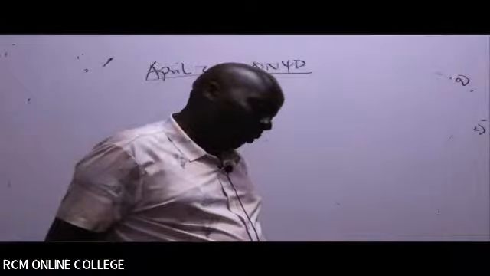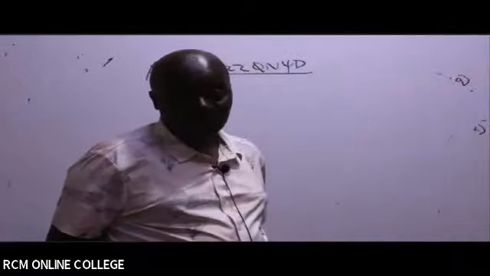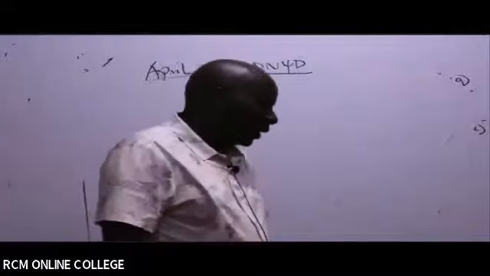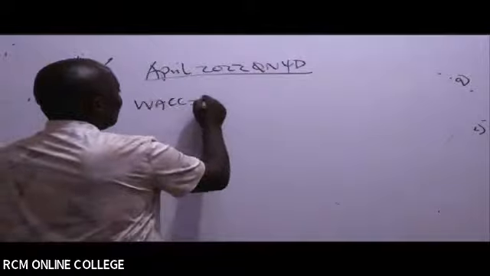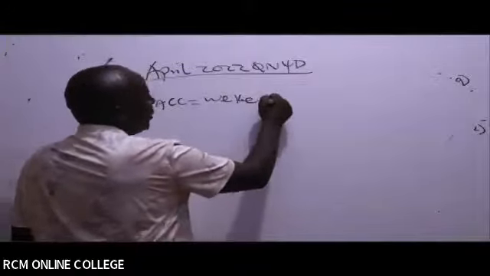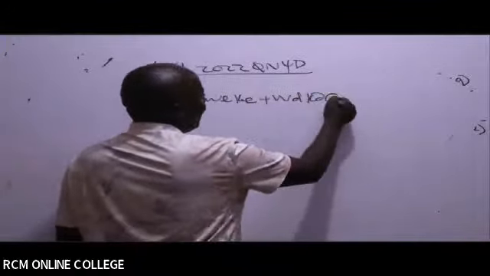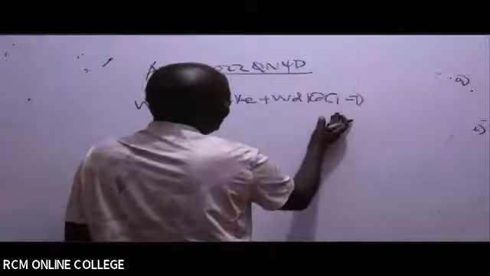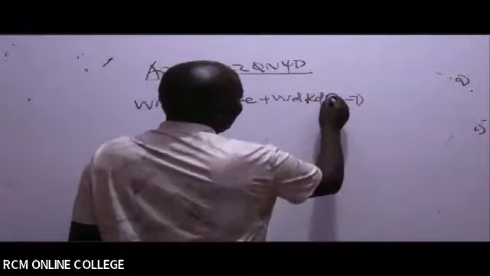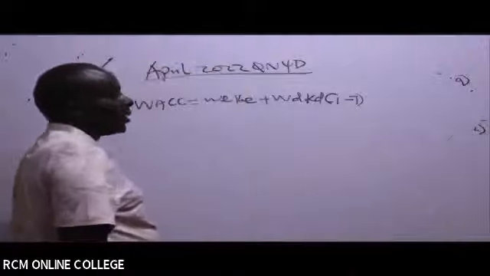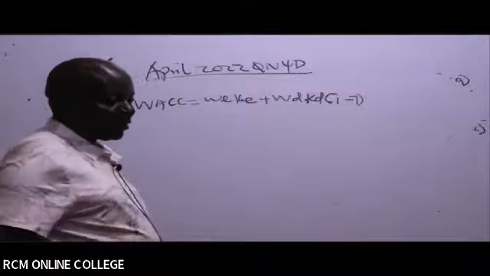Do you think you can get this question correctly? Maybe just a small hint. To get WACC, we have the weight of equity, cost of equity, weight of debt, cost of debt, adjusted for taxation.